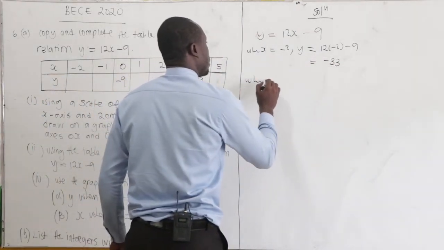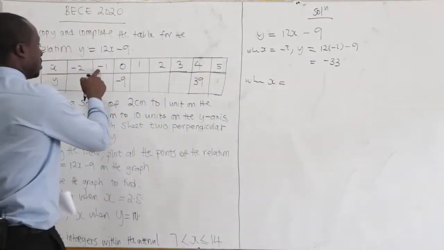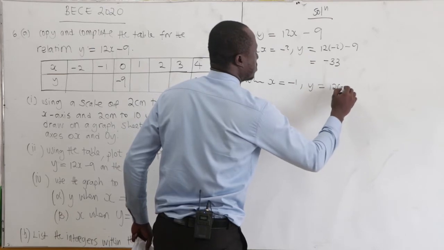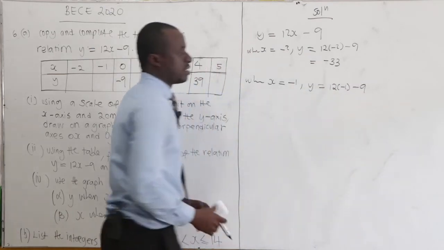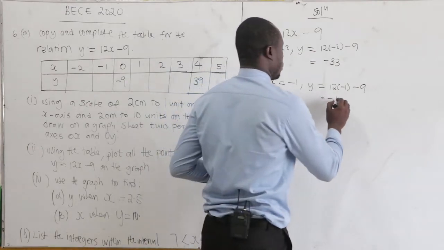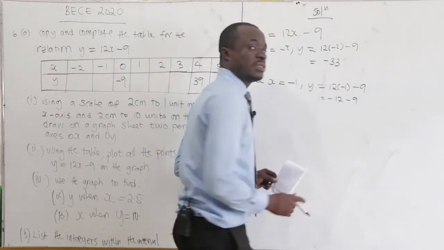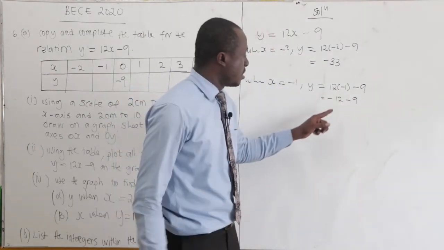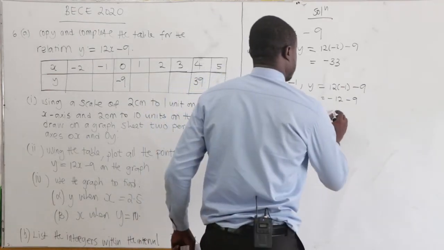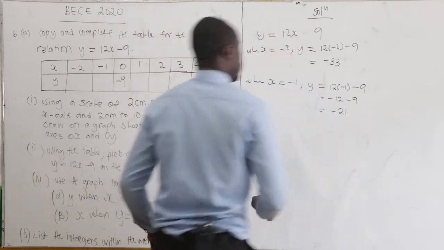Now the next one, when x is negative 1, we have y to be 12 times negative 1 minus 9. Now 12 times negative 1 is negative 12 minus 9, and negative 12 minus 9 is negative 21.